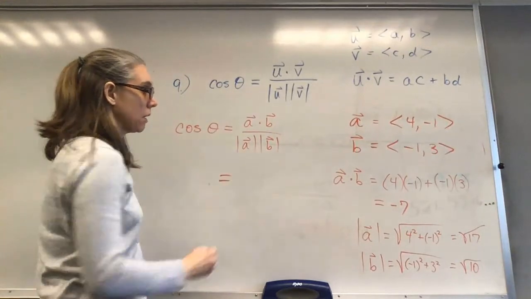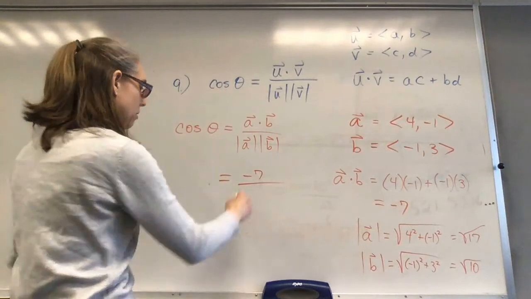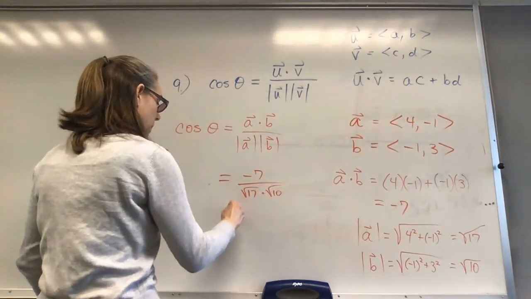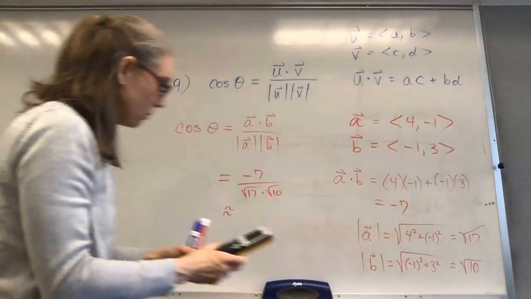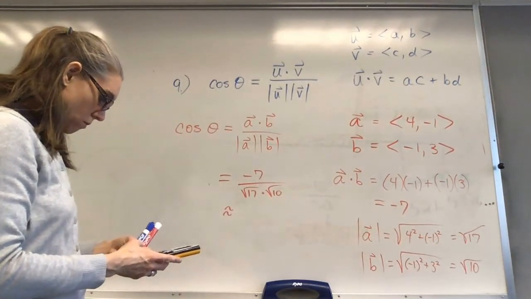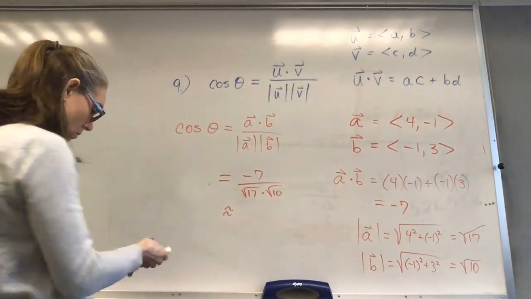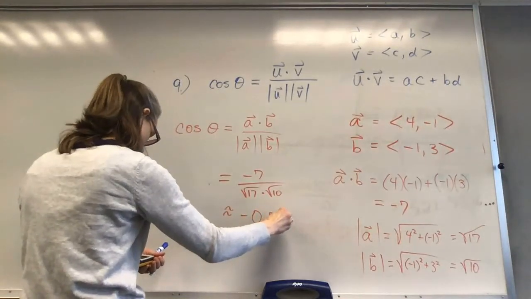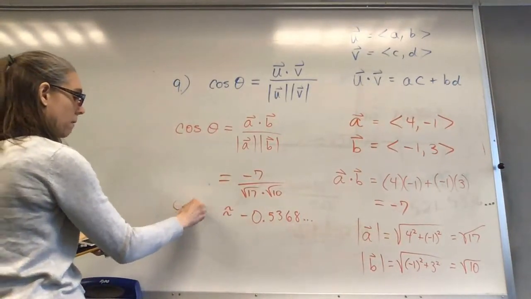So A dot B is -7, and then I have the product of the two magnitudes, so root 17 times root 10, and then this is going to be equal to approximately -0.5368, etc. And that is the cosine of theta.